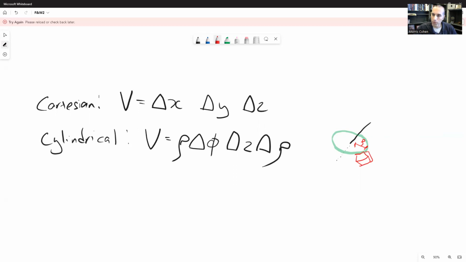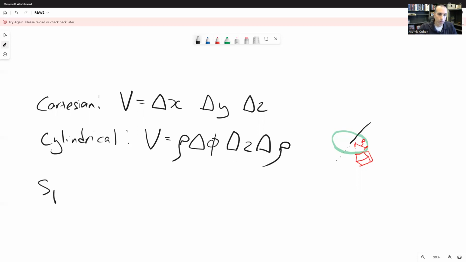And basically, for a certain cone of angles, you think about a pizza slice, right? And you've got a pizza slice with a certain angle. The bigger the radius gets, the more those two lines spread apart. And so the bigger that radial arc is going to get. And so that's why we need to multiply this by a rho.